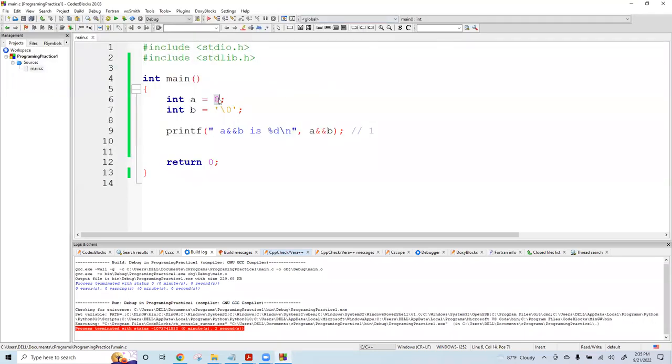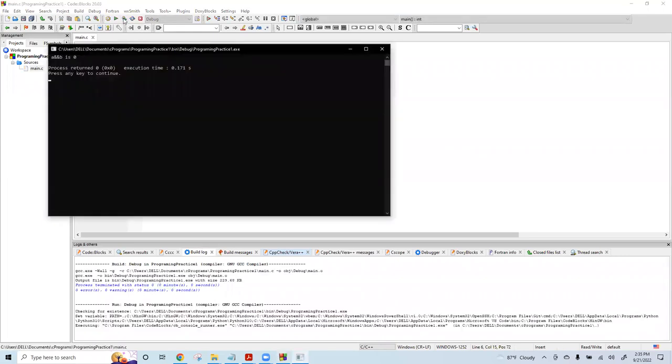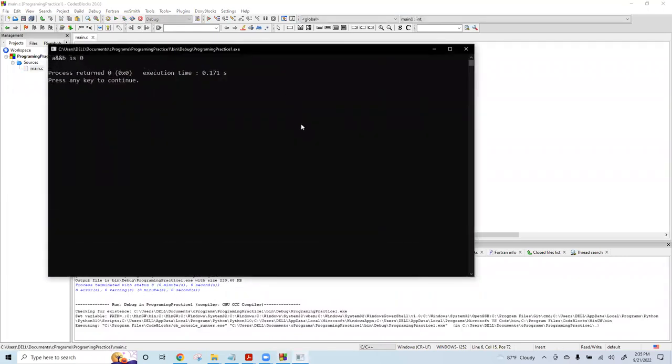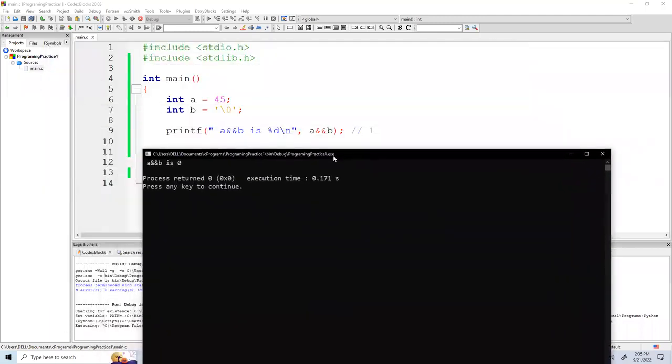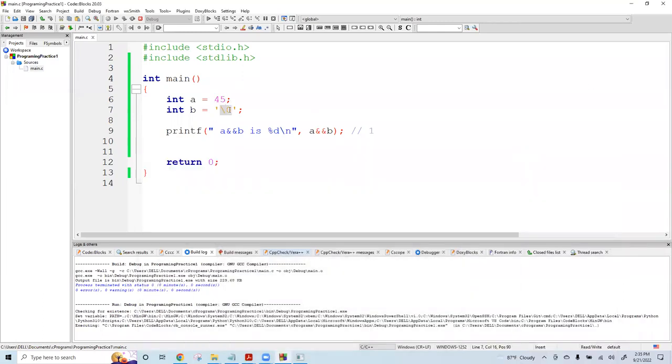Let's say this one is right. See, this is 0 again because A is non-zero, but I have given a null character. This is the null character.